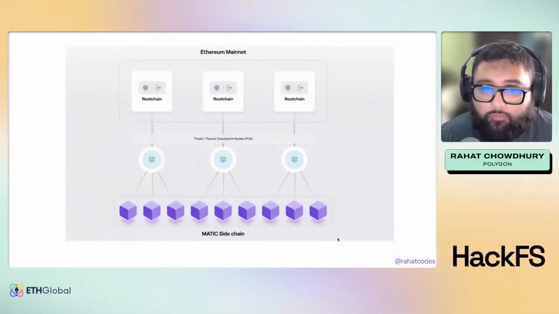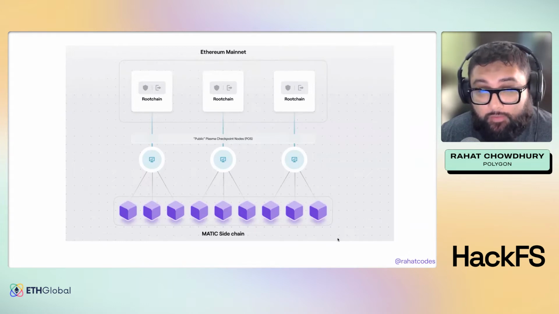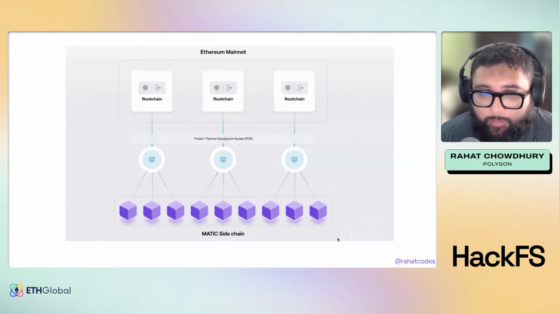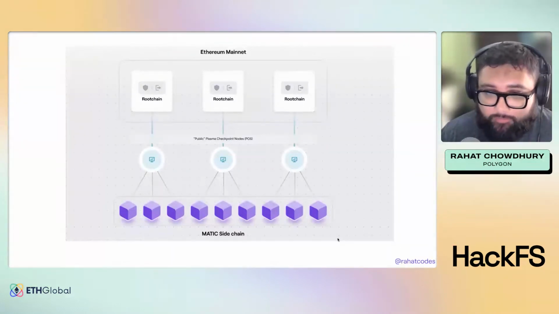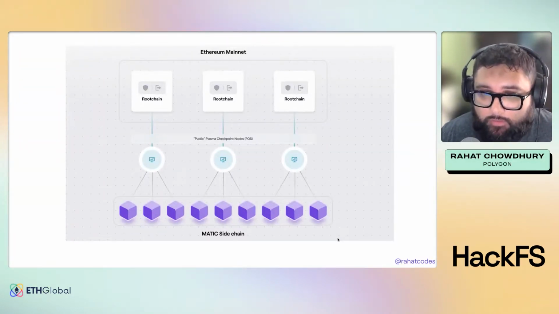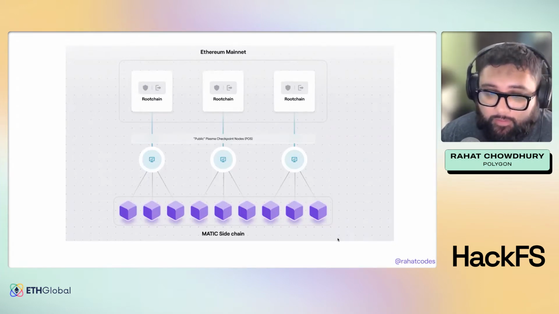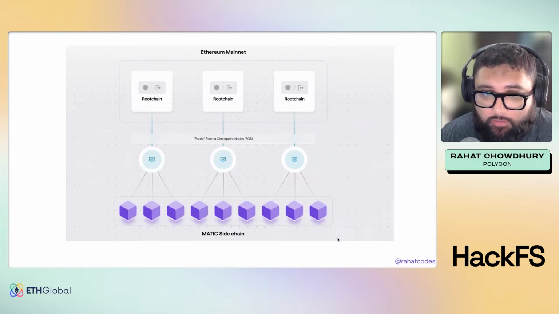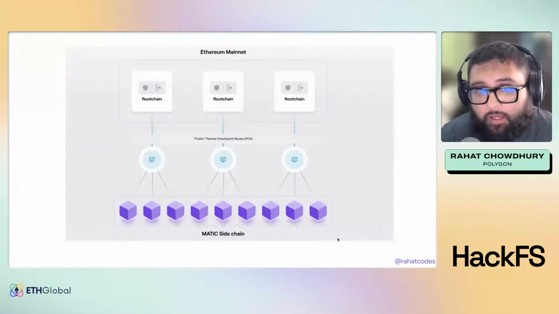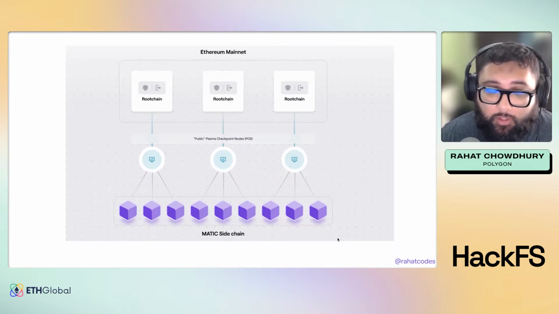But if you look at the overall architecture, you'll see at the top, the root chain is actually the Ethereum mainnet. What happens in between these two chains is that we have this layer called a public plasma checkpoint node. What these nodes do is that they'll occasionally take a look at the current state of the Matic chain, and they'll save a hashed value of that state to the Ethereum mainnet.